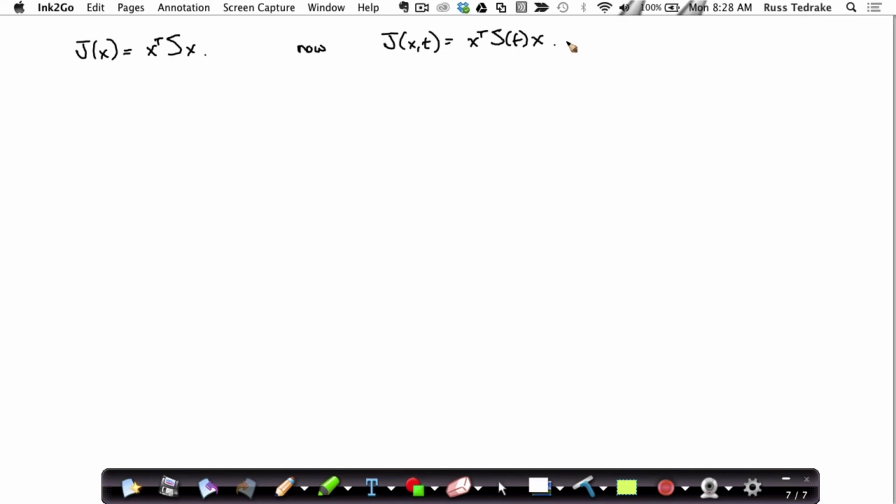Now these are bars, but I'm going to drop the bars for the remainder of this slide just to save myself some writing. All of the LQR is going to be in the local coordinates. And similarly, we're still going to have S of t final greater than or equal to 0.